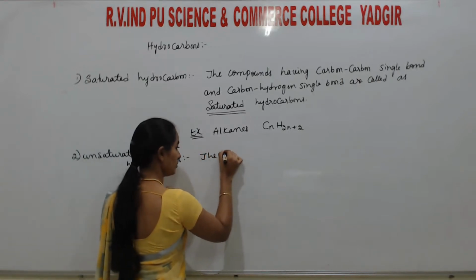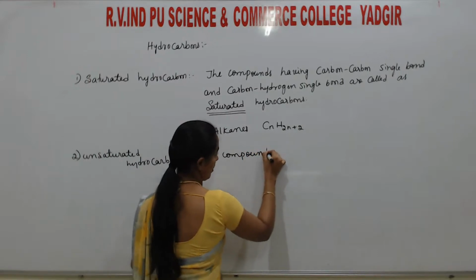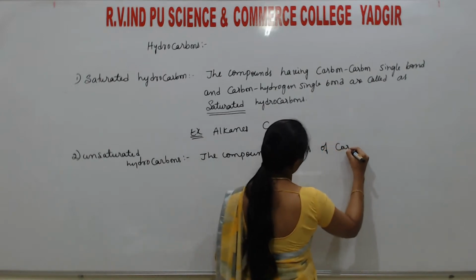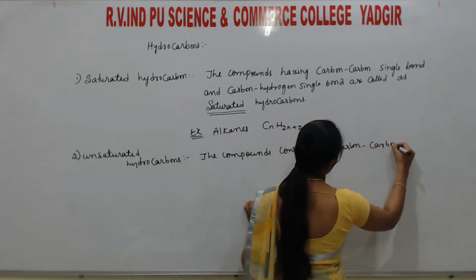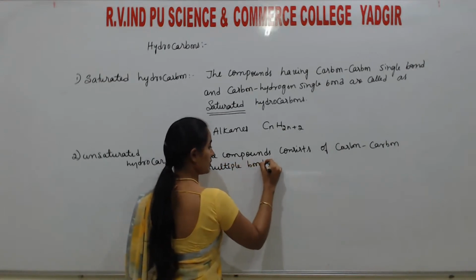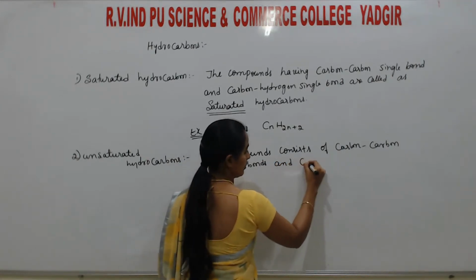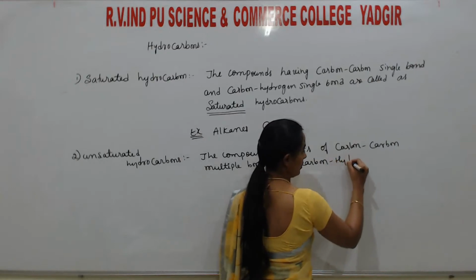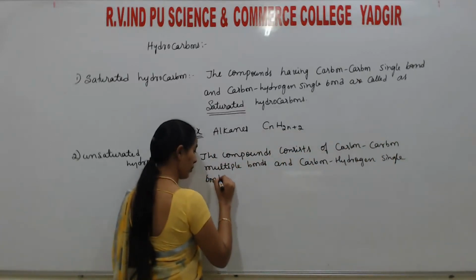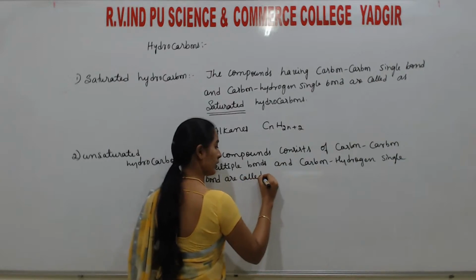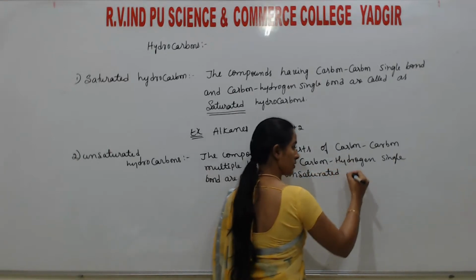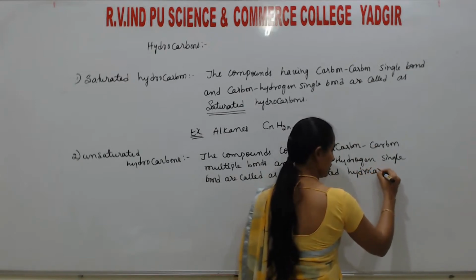It means the compounds consisting of carbon-carbon multiple bonds and carbon-hydrogen single bonds are called unsaturated hydrocarbons.